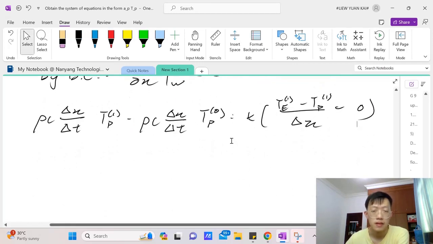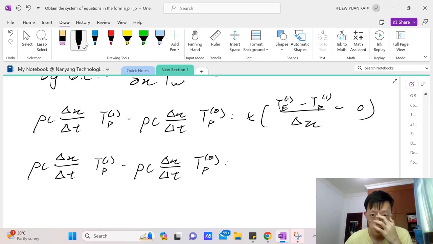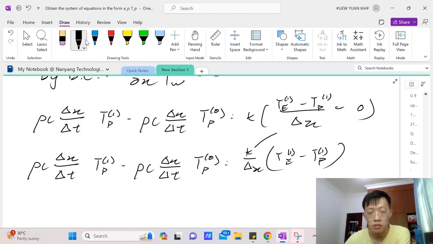Now same thing, just continue simplifying. I'm going to factorize out delta x and then distribute it to each of these terms.